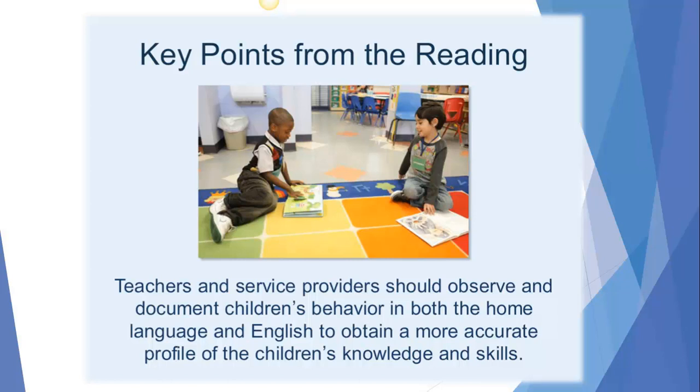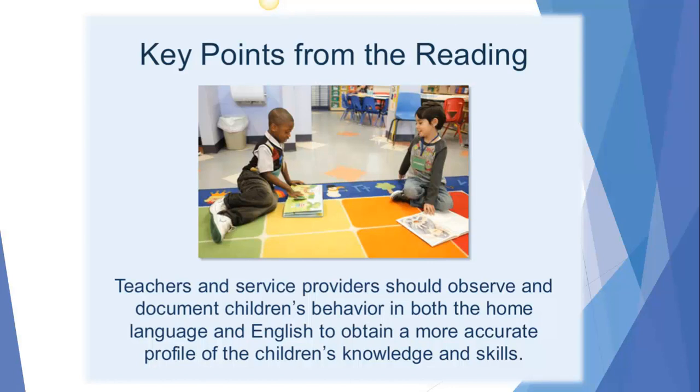But a lot of times, most teachers don't realize, oh, they speak English, I can just do the whole DRDP in English. But if they code switch, if they speak the home language at all in your program, they might be demonstrating their knowledge in their home language in one category and not in English in that category. So if you want a true assessment, you need to make sure that you're assessing the child in both of those languages, with someone who speaks both of those languages assessing the child using the DRDP.